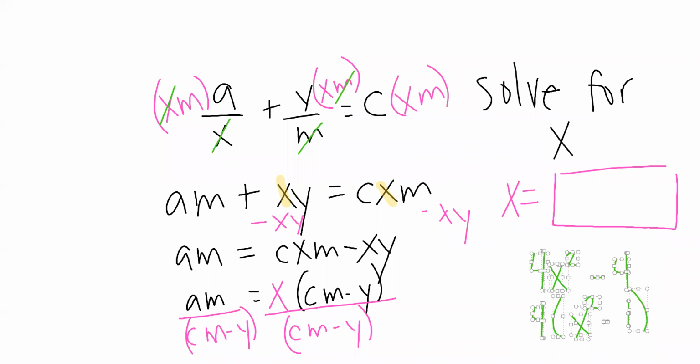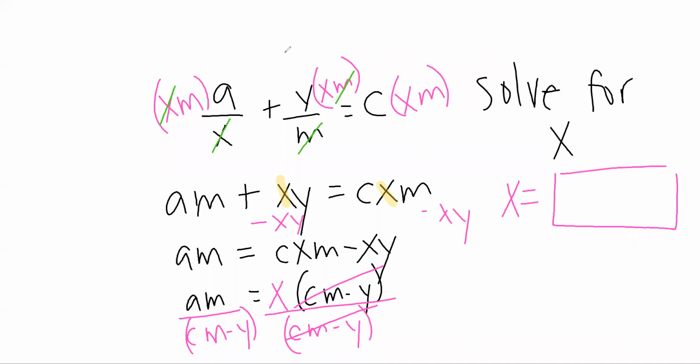So then I'm going to erase this because I need a little more working space. This is going to cancel here. Look at that, my x is all by itself. So I'm going to have am over the quantity cm minus y equals x.